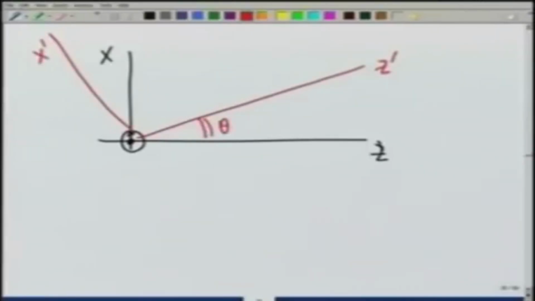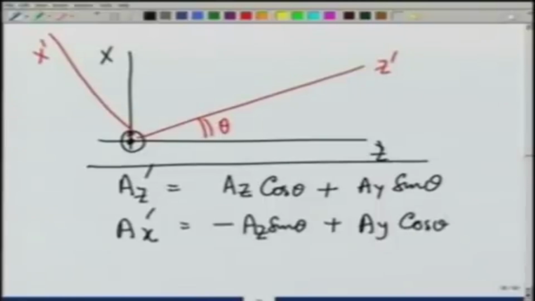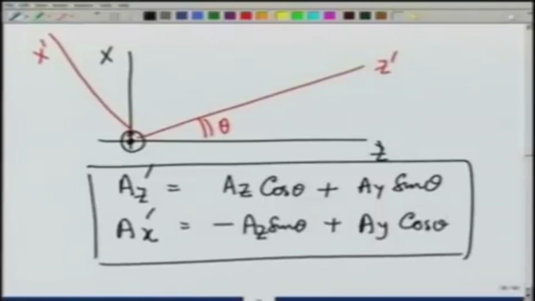By rotating about the y axis, you will see that Az prime is going to be Az cosine of theta plus Ax sine of theta, and Ax prime is going to be minus Az sine of theta plus Ax cosine of theta. So, this is how the components of a vector transform under rotation with respect to x axis, y axis or z axis.